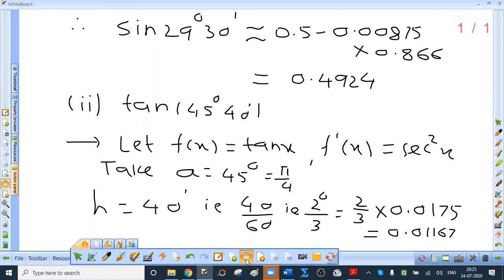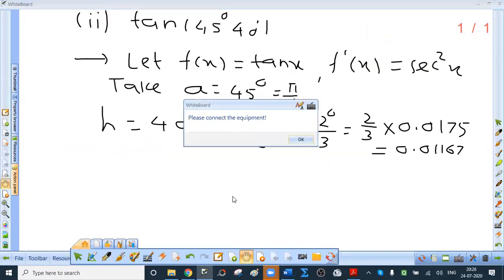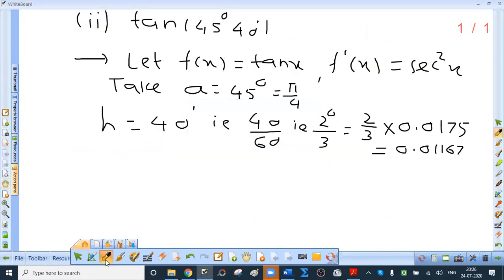Now after completing this, substitute the values. You have to say the formula for approximation is and so on. Of course, before that, you have to find f of a. f of a is nothing but f of pi by 4. What is tan pi by 4? Tan pi by 4 is 1.